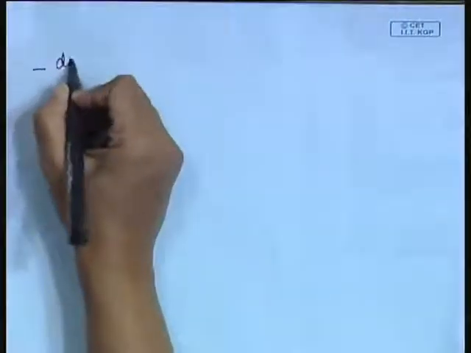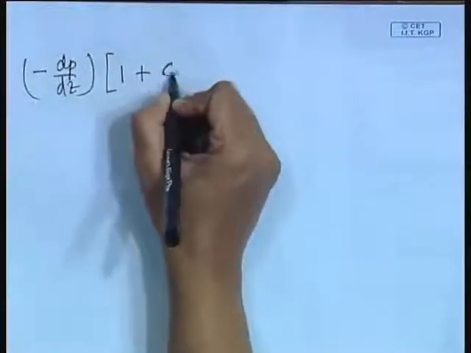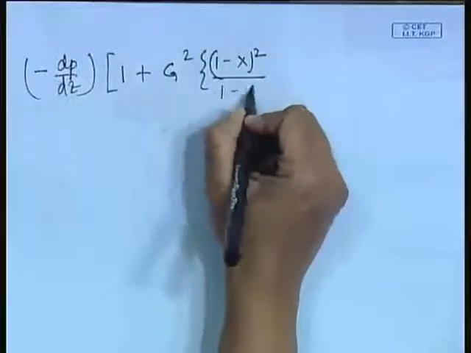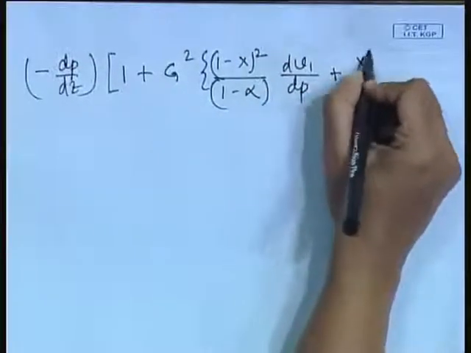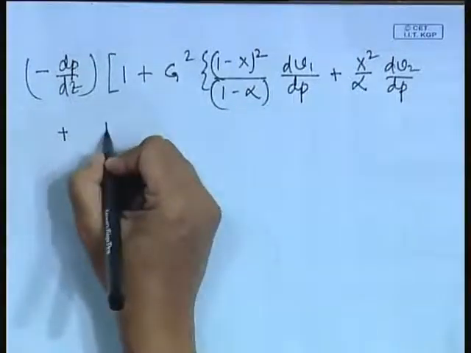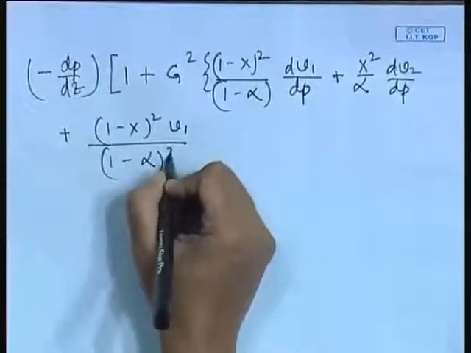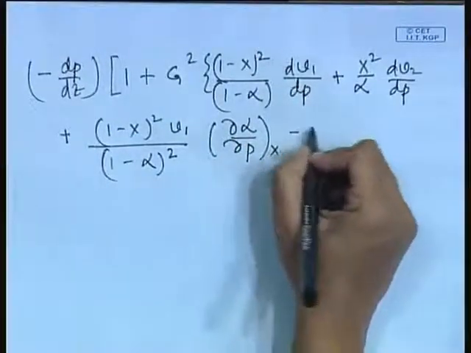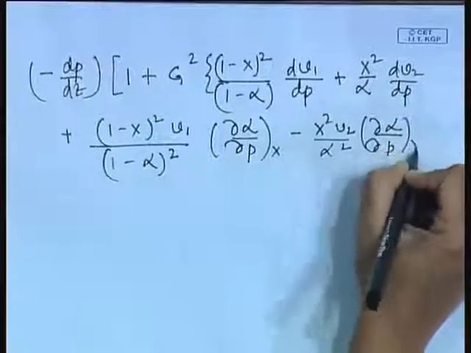We get minus dp dz into 1 plus G squared, 1 minus x whole squared v1 by 1 minus alpha plus x squared v2 by alpha, dv2 dp plus 1 minus x squared v1 by 1 minus alpha squared, del alpha del p at constant x, minus x squared v2 by alpha squared, del alpha del p at constant x.